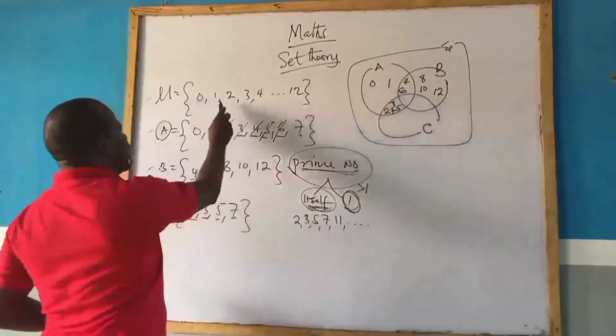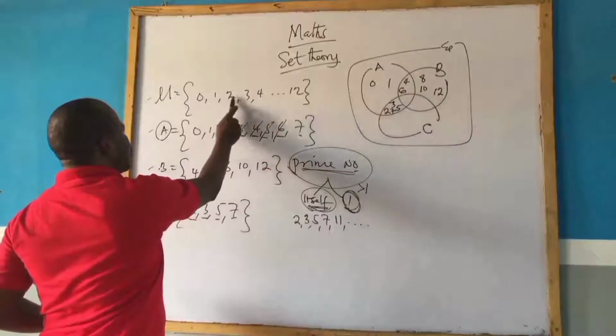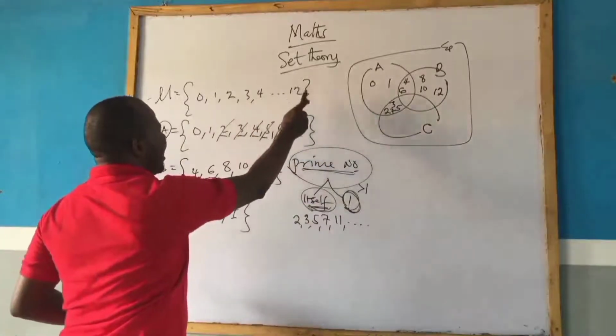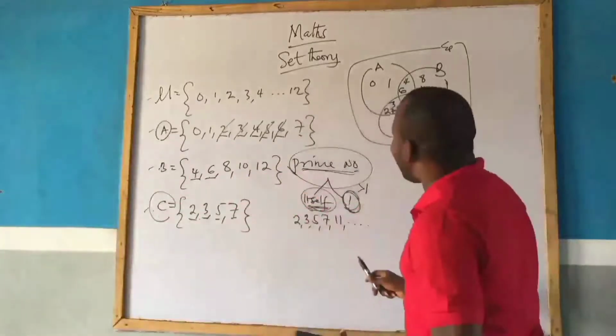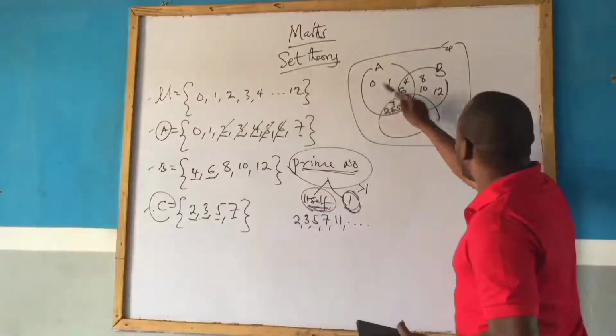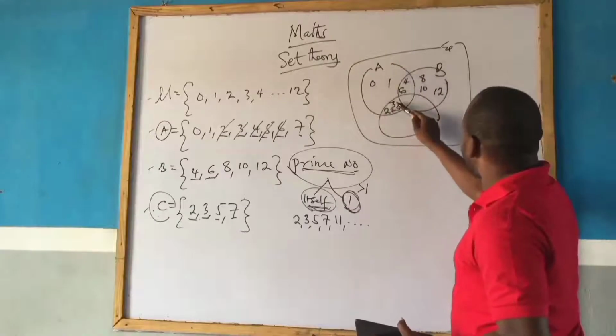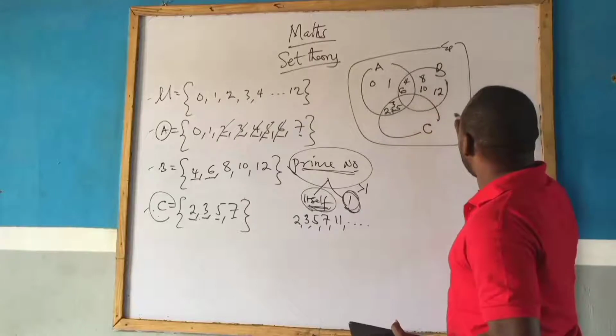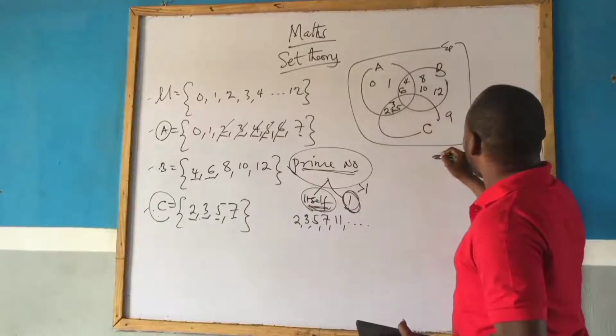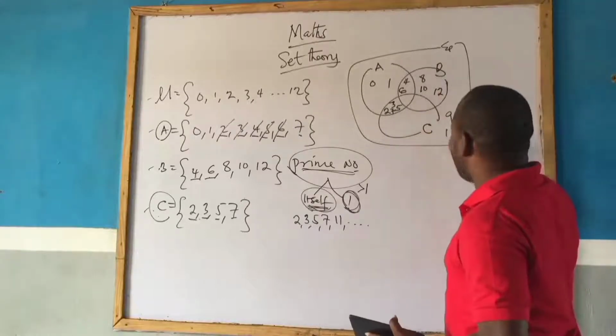So let's go back to the universal set. 0, 1, 2, 3, 4, 5, 6, 7, 8, 9, 10, 11, 12. So let's see if all have been represented. 0, 1, 2, 3, 4, 5, 6, 7, 8. So we have 9, 10, we have 11.